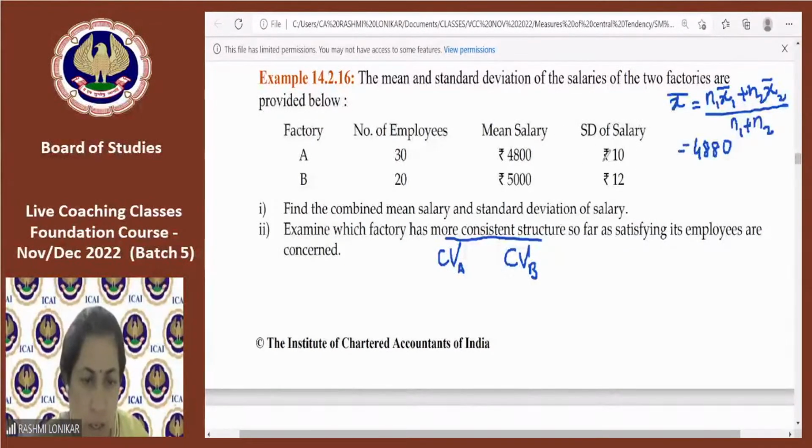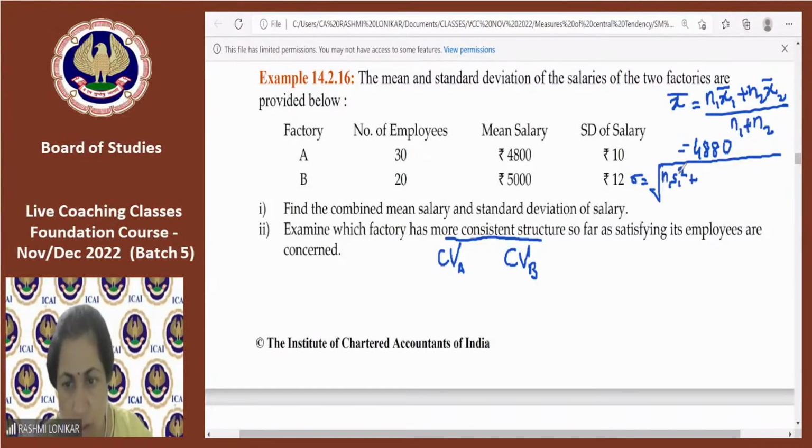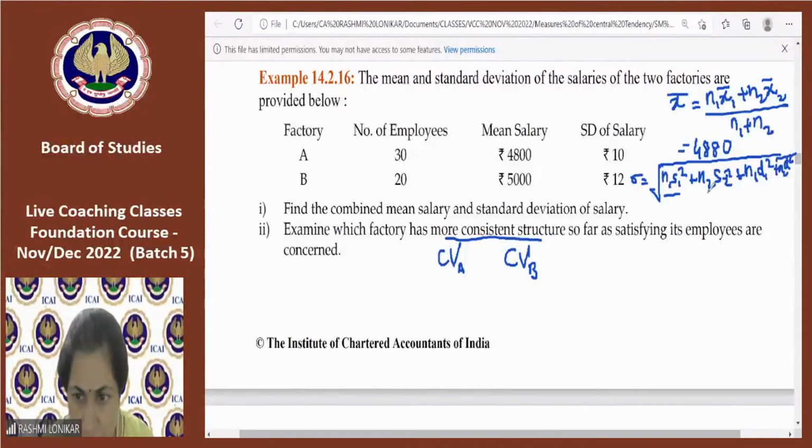Now what is the combined standard deviation? Combined standard deviation will be equal to the square root of N1 into standard deviation of first factory square plus N2 into standard deviation of second factory square plus N1 D1 square plus N2 D2 square, upon N1 plus N2.